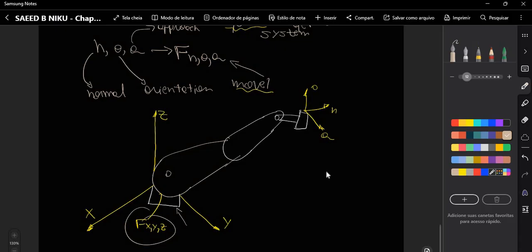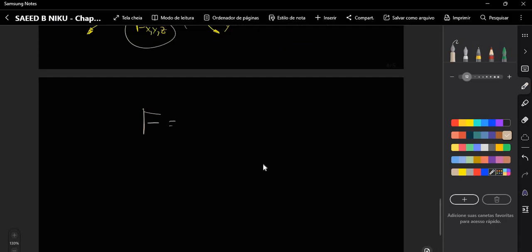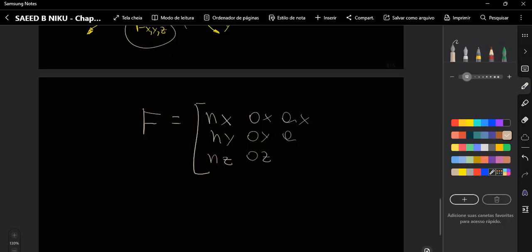Consequently, the three axes of the referential can be represented by three vectors in matrix form this way: Nx, Ny, Nz, Ox, Oy, Oz, Ax, Ay, Az.